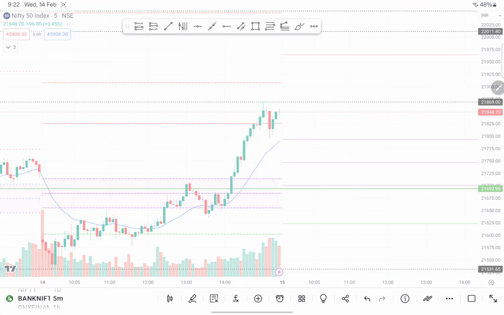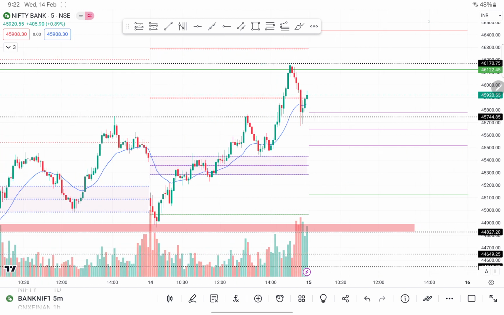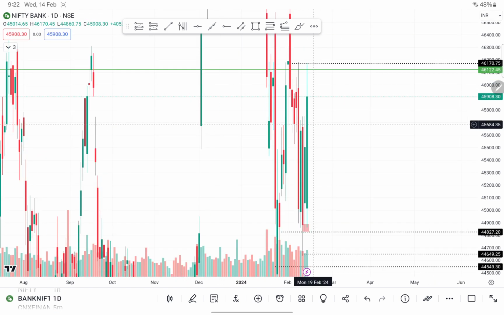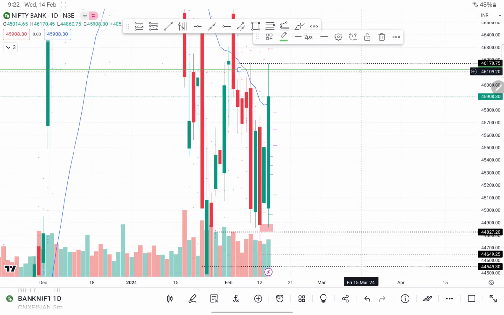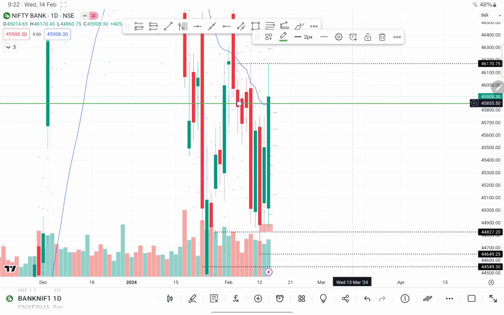And coming to Bank Nifty, I will make this level a demand zone. I will keep that as it is. And then the 20 MA, let's see where it has moved. So the 20 MA has moved from here to here.